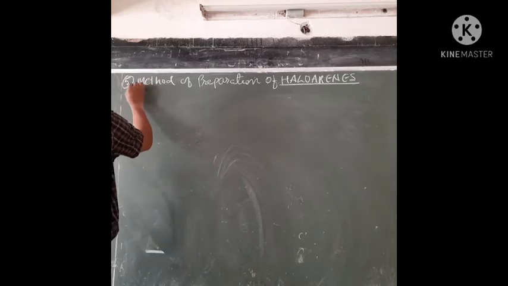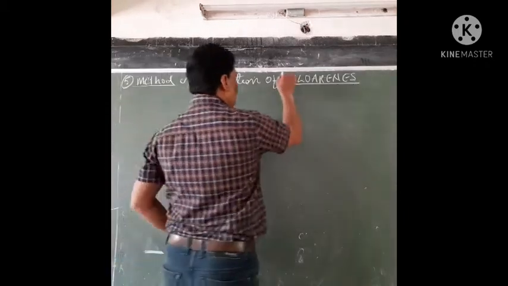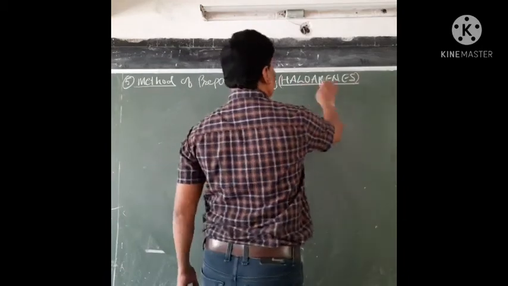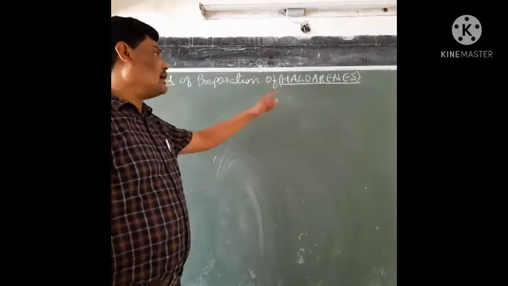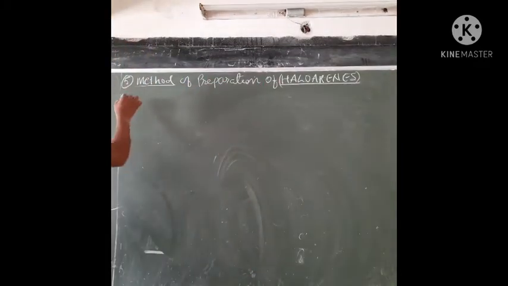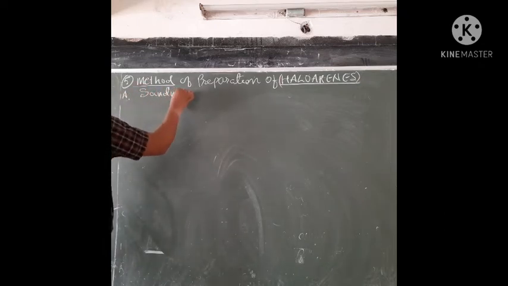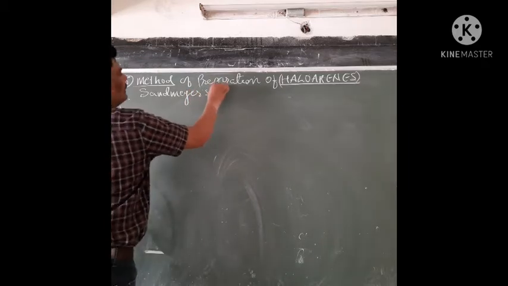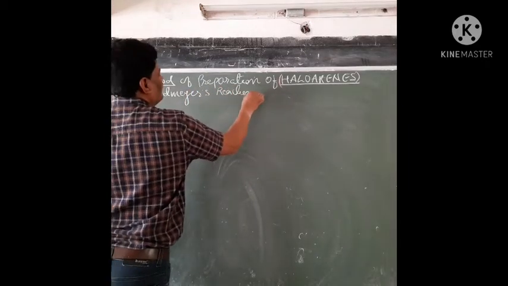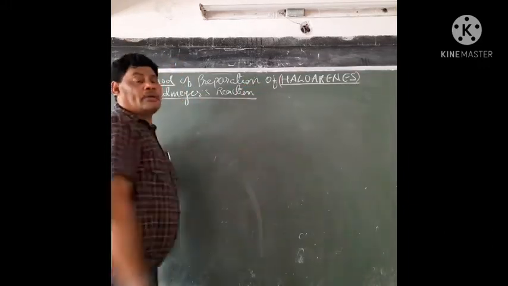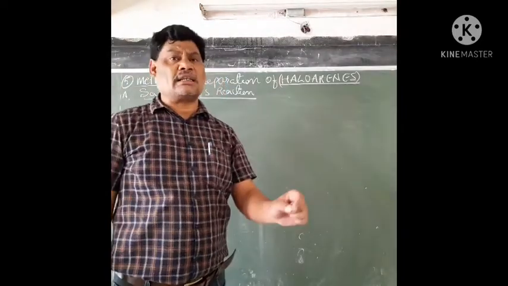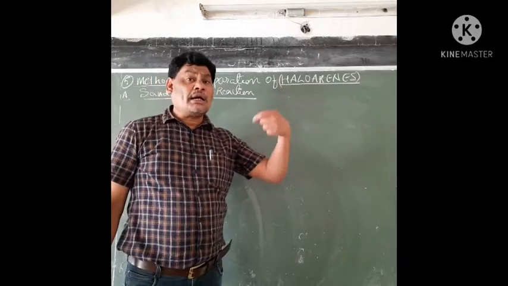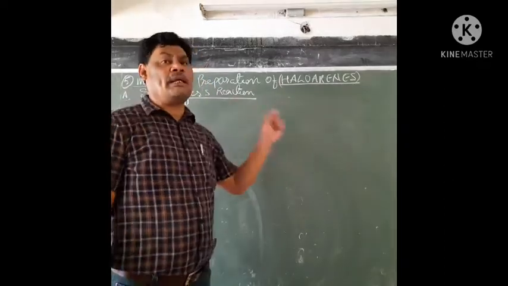Yes student, next one, methods of preparation of haloarenes. Before it, we have observed haloalkane preparation. Now we are doing haloarenes. Student, one of the very important reactions belonging to it is known as Sandmeyer's reaction. It is very important because the reaction is not only utilized in this first chapter, but in nitrogenous compounds it also plays a very important role.